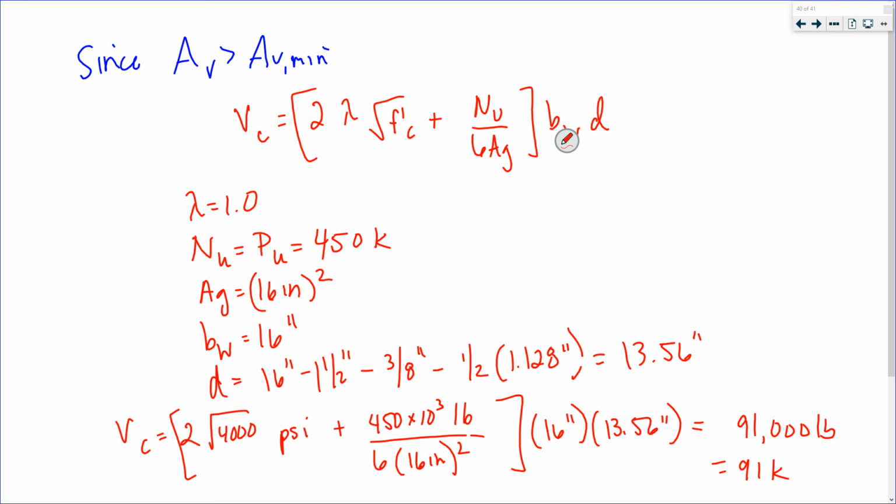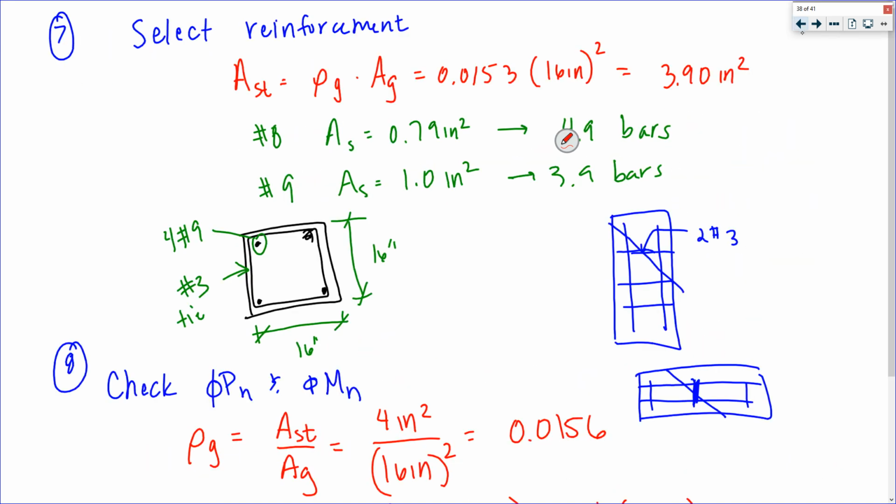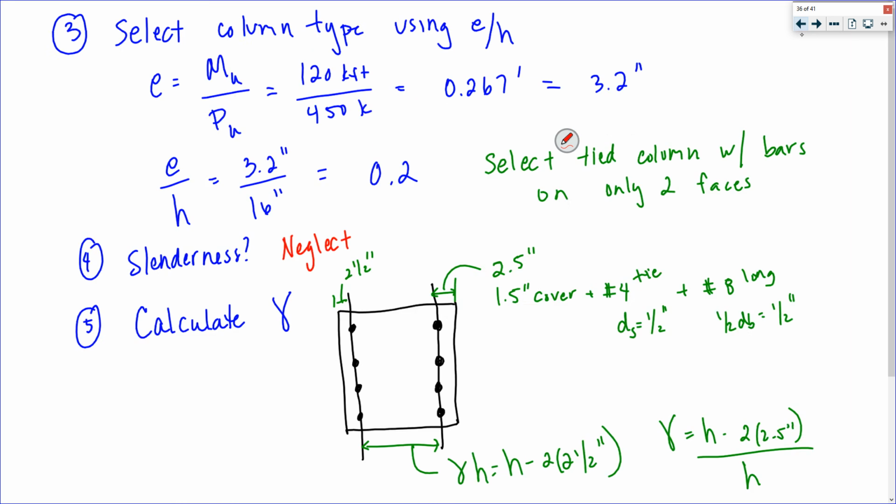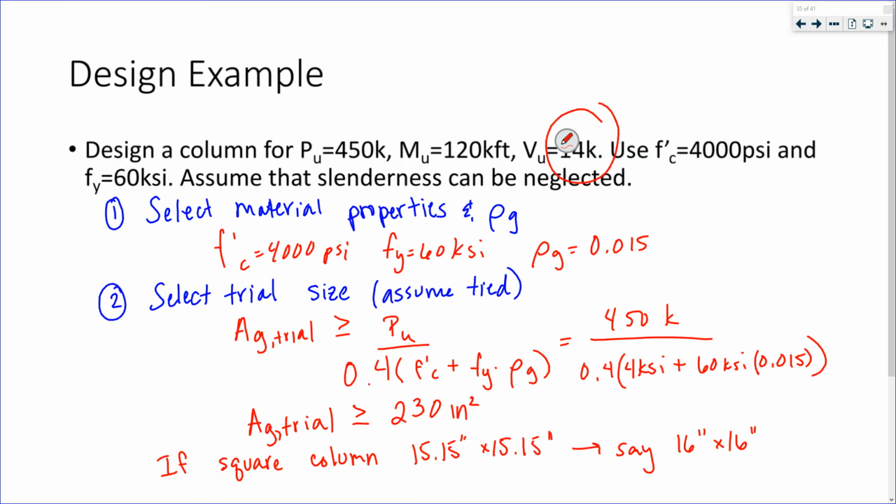So if you recall, let's go back. We have a Vu of 14 kips.